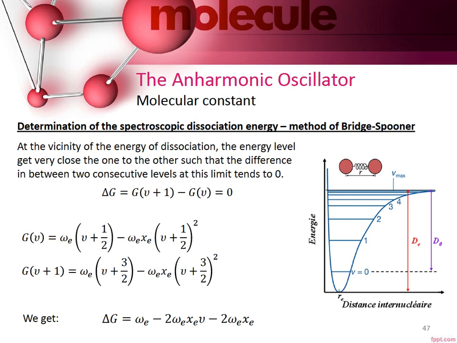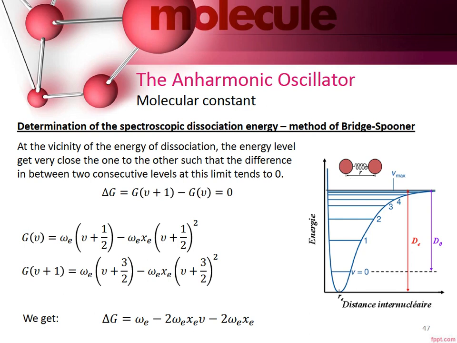So mathematically, this means that delta G, the difference between two levels, a vibrational spectral term, G(V+1) minus G(V), two consecutive levels, tends to zero or equals zero.